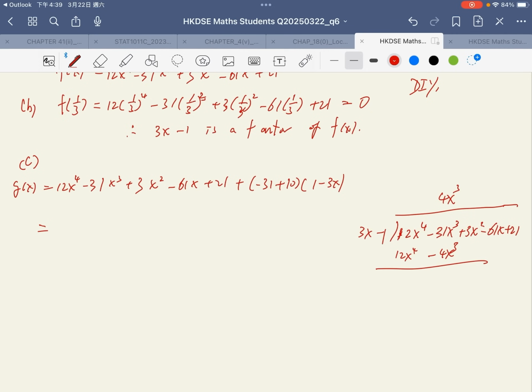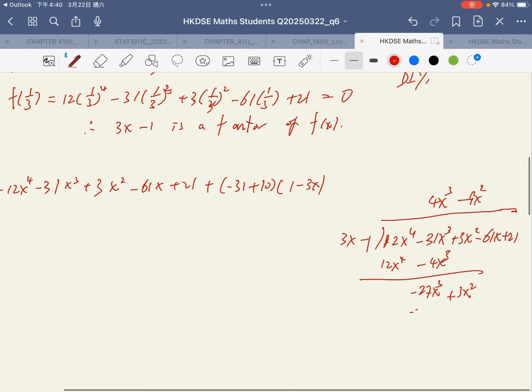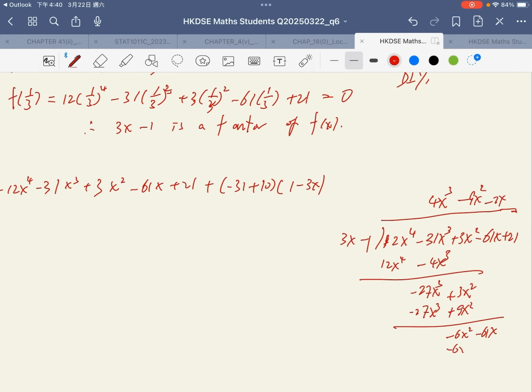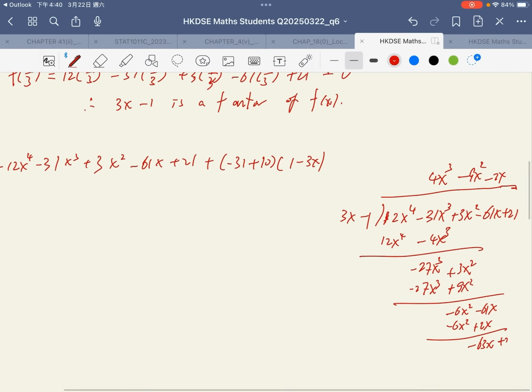Okay, subtract: this one minus this one is negative 27x to the power 3, and bring down the 3x squared. Next I choose 9x squared, negative 7x cubed plus 9x, and then this is negative x squared minus 61x, this is 2x, negative 63x plus 21, finally negative 21.